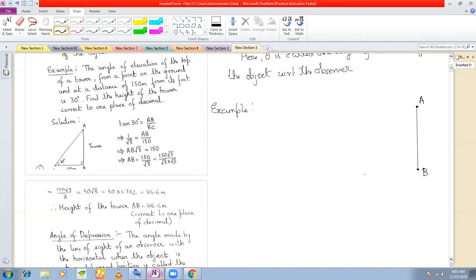So the question states the angle of elevation of the top of a tower from a point on the ground at a distance 150 meter from the foot. Let's say B is the foot of the tower. Say this distance is 150 meter from the foot of the tower.